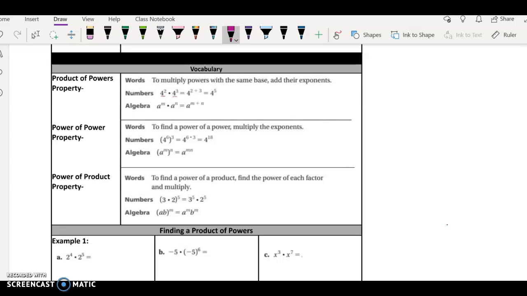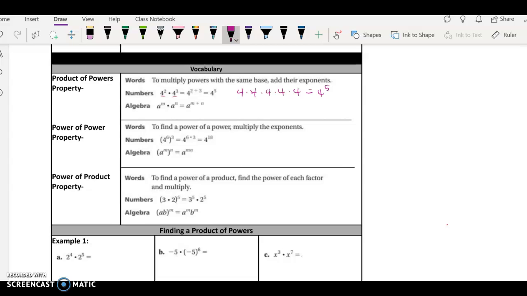So 4 squared times 4 cubed gives us 4 to the 5th power. And the reason for that, we can prove it off to the side, is if I actually write these out, so 4 times 4, and then times 4 times 4 times 4, I have 1, 2, 3, 4, 5 of our base, which means I have 4 to the 5th.